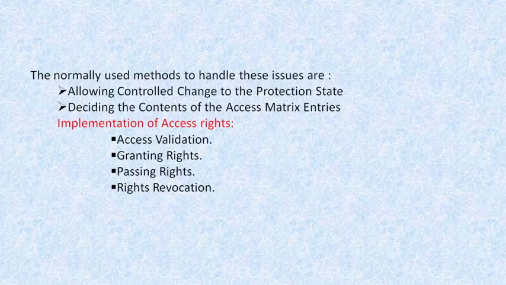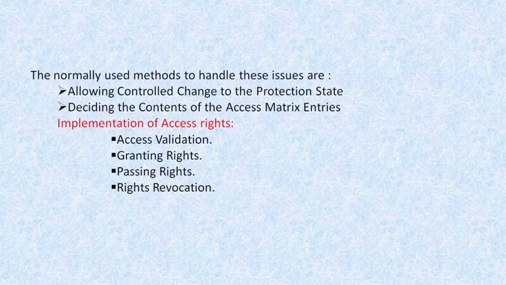And coming to the implementation of this access matrix, we have to validate the access, which means access validation should be done. When we are executing any operation on object O, the access list for that object O is first searched in the domain list.